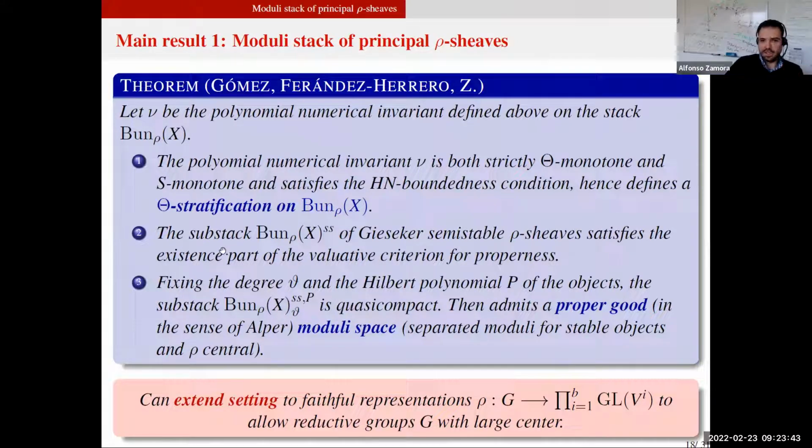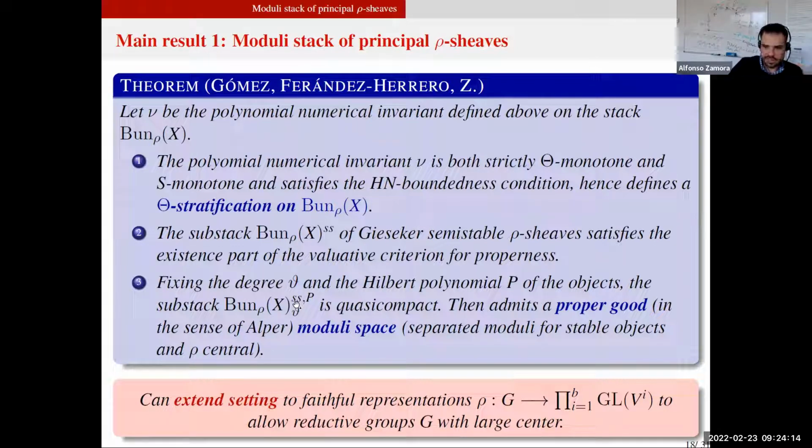We also show that the substack of the semi-stable objects satisfies the existence part of the evaluative criterion for properness. And also, if we fix the degree and the Hilbert polynomial, so if we fix the numerical invariant, the substack of semi-stables is quasi-compact, so it's bounded. Then it admits a proper good moduli space, which is also separated if ρ is central, so if ρ takes the center of G to the center of GL(V).